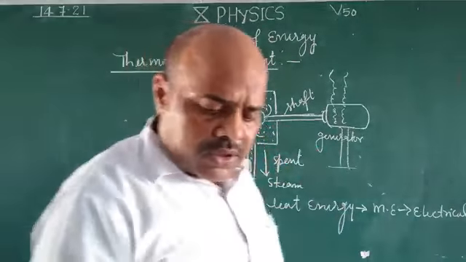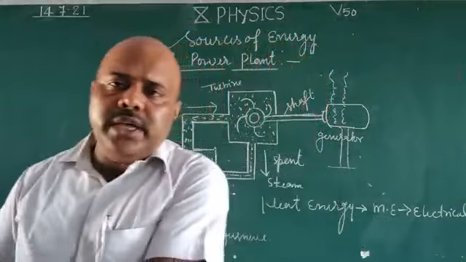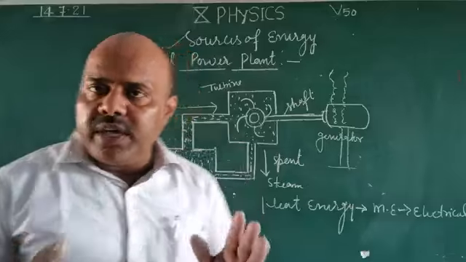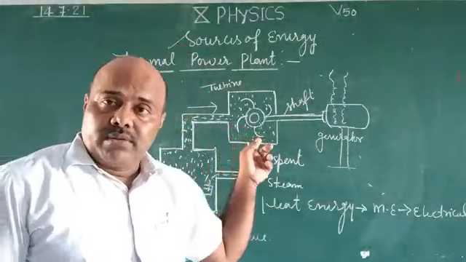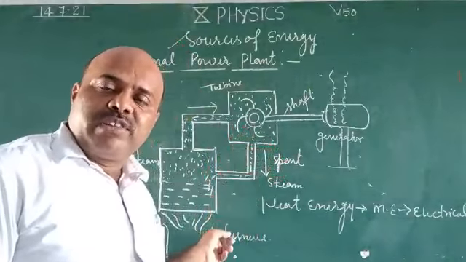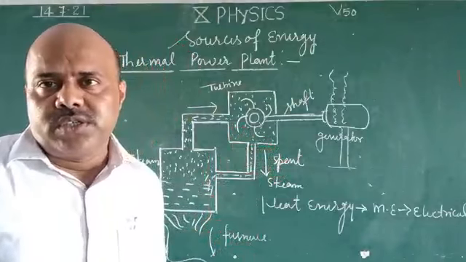What is a thermal power plant? A power plant in which heat is required to make steam to drive a turbine, which is obtained by burning fuels, is called a thermal power plant.